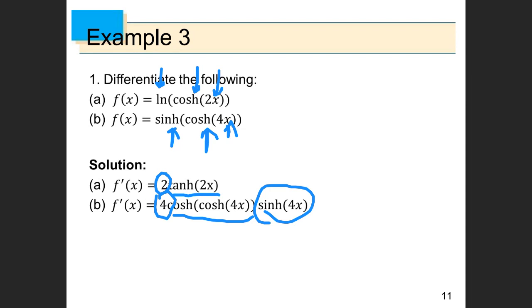So please, chain rule is very, very important. Make sure you always apply chain rule when differentiating compositions of functions. And that's basically it for hyperbolic functions. So do all these examples, do the examples that you see in the notes, and do some at the back of your textbook, and you should be very comfortable with any hyperbolic question that I ask you.